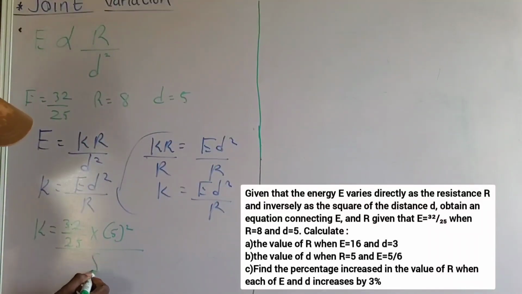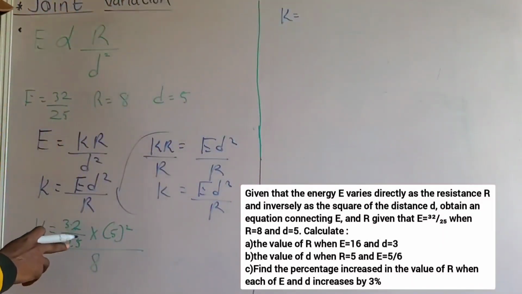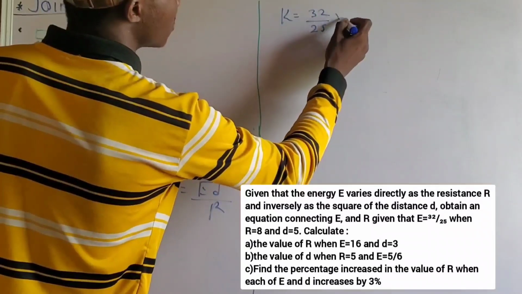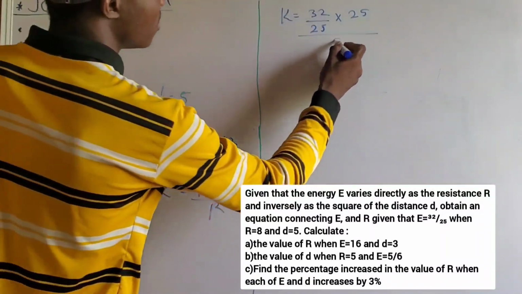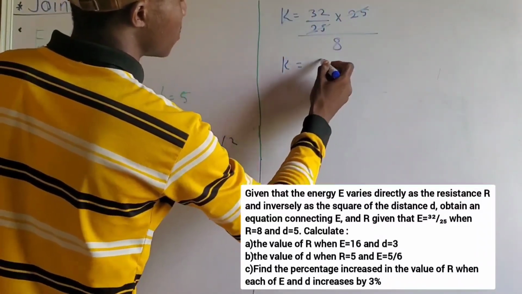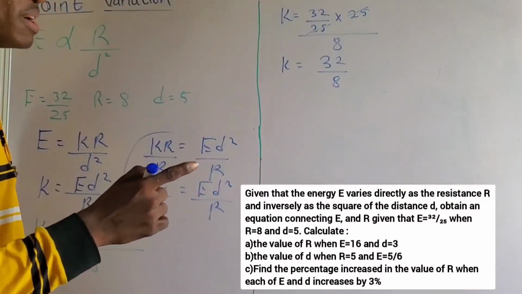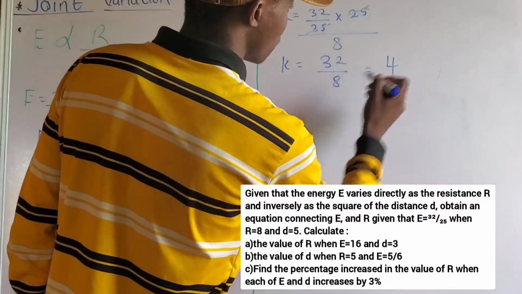So I'm going to have this over 8. Do you understand? Okay. K is equal to 32 over 25 multiplied by 25 all over 8. So we cancel this 25, I'm going to have 32 all over 8. 32 divided by 8 is what? Is 4. So K equals 4. Are you getting it?